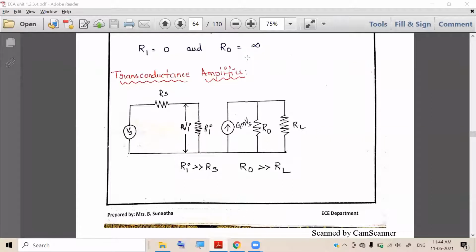What are we giving as input to a voltage amplifier, and what are we getting as output? Please answer. I can't hear you. Akshita.